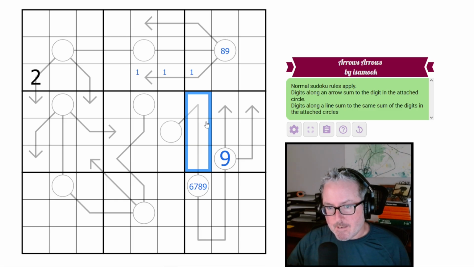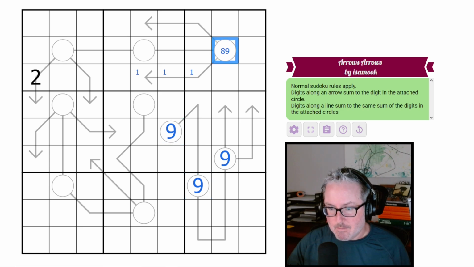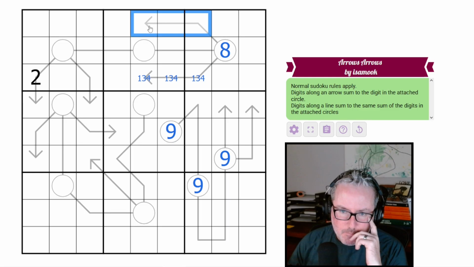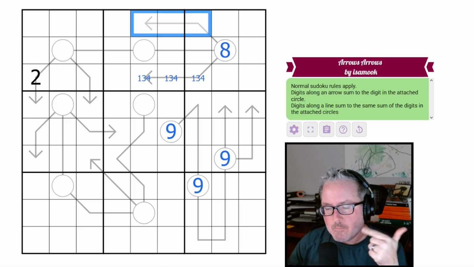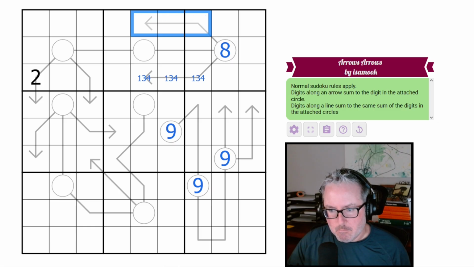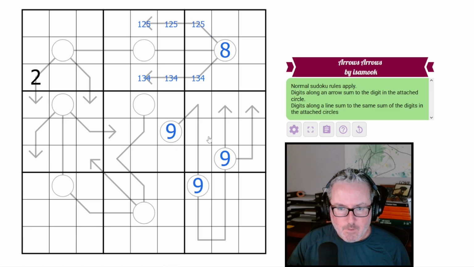Now, the only way you can add 2 digits to 18 is if they're both 9s. This is an 8 as well. Now, this 8 cannot be 1, 2, 5, so it must be 1, 3, 4. This 8 can't be 1, 3, 4, so it has to be the other version, 1, 2, 5.